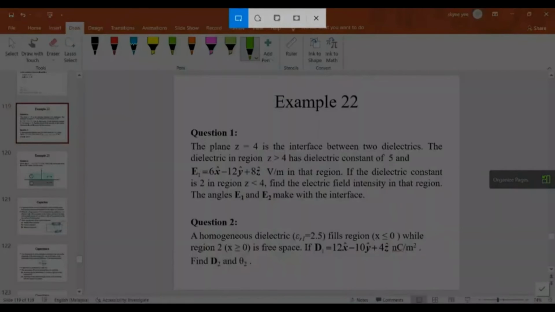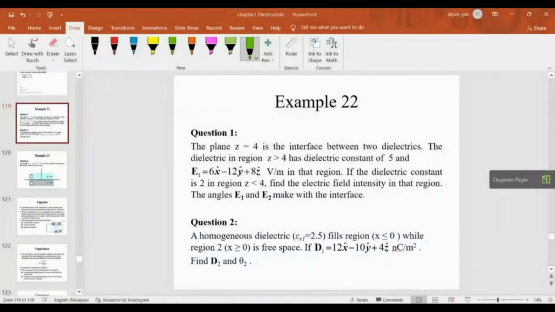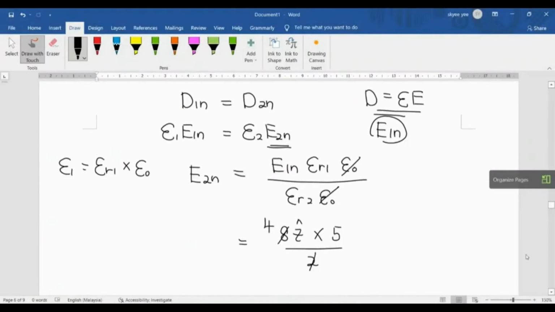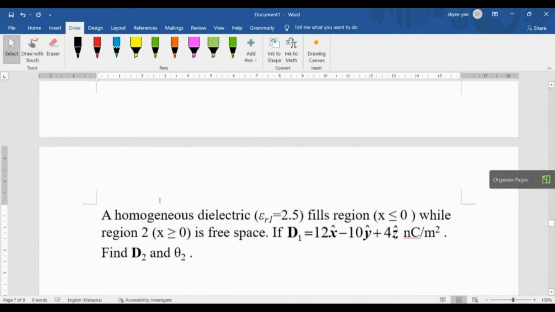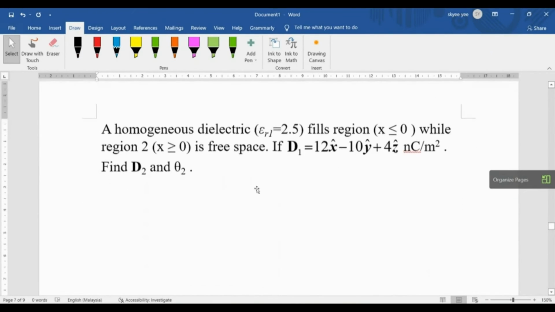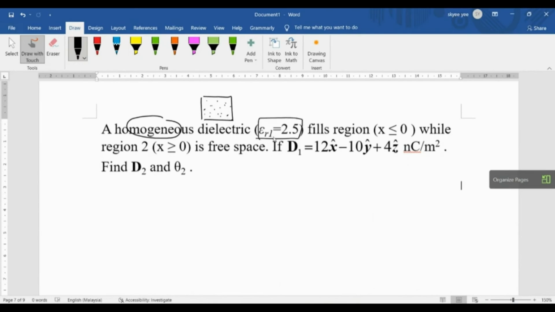Let's try question 2. A homogeneous dielectric, I explained before, means that at all points of this dielectric there is a dielectric constant of 2.5.